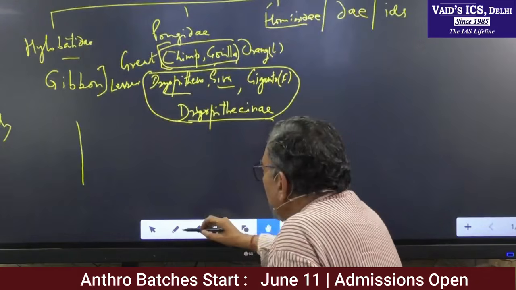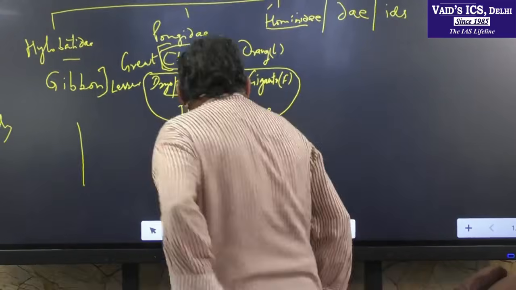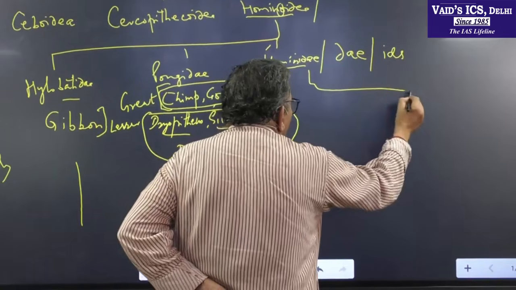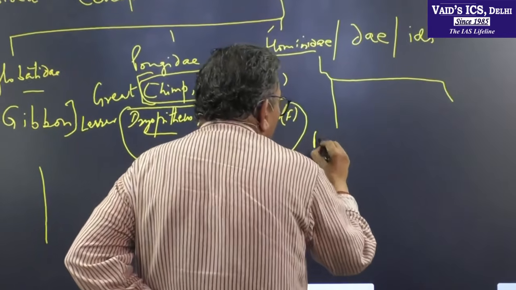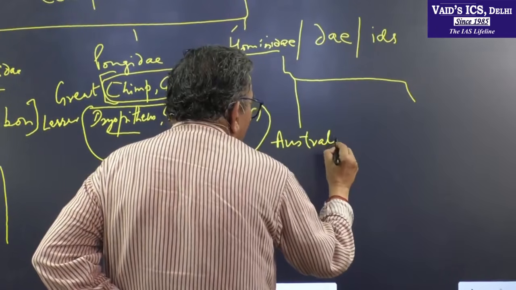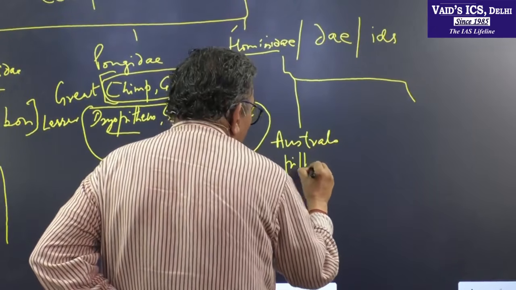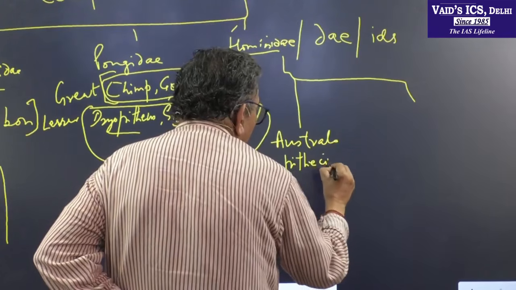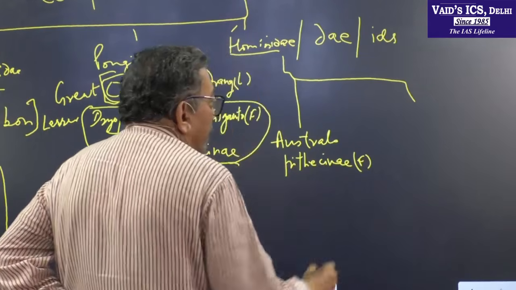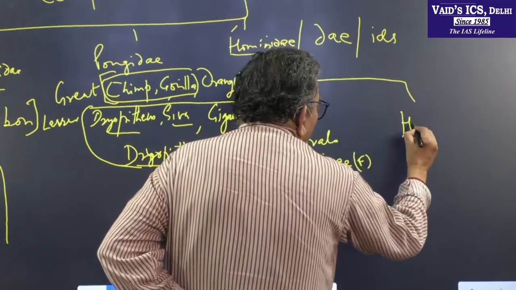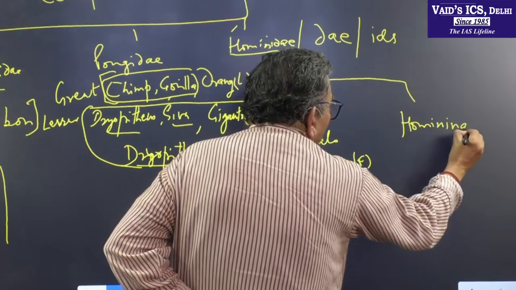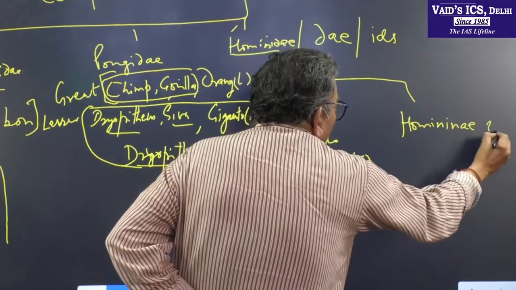And now here will come the subfamily. Dryopithecini. Here we have two: Australopithecine, which is a fossil, and then Hominini, living.